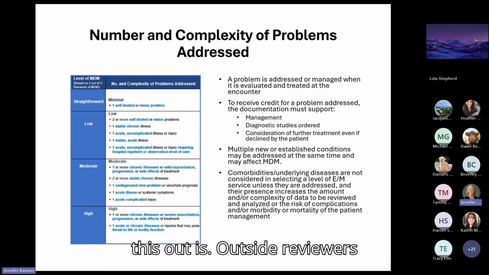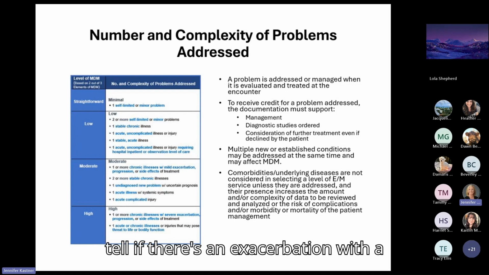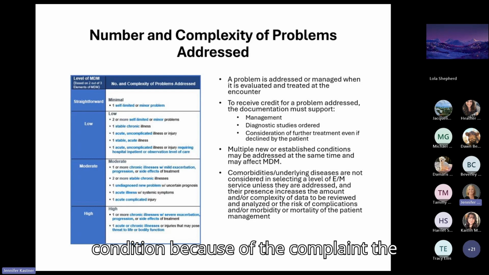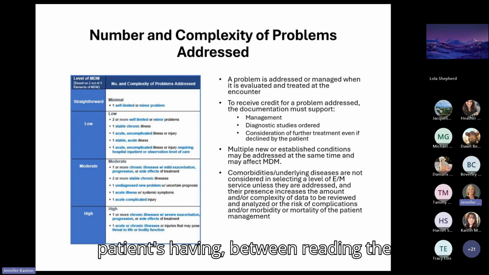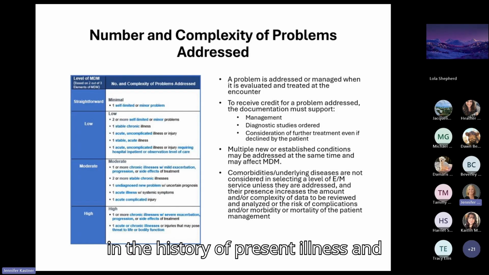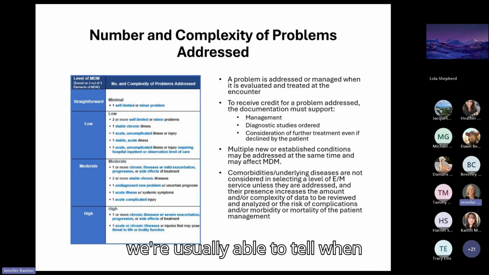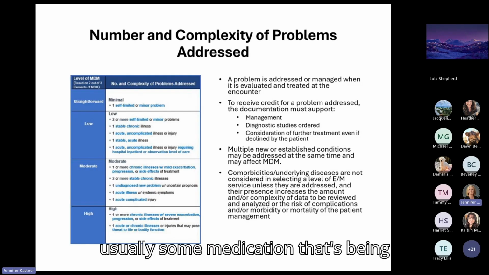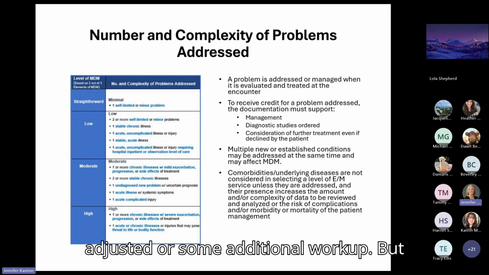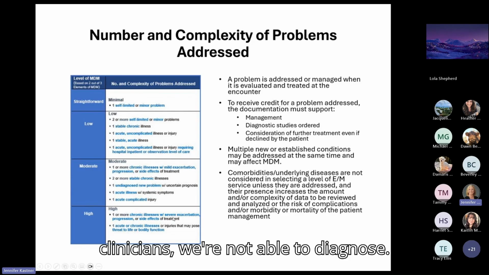And the reason why I point this out is that outside reviewers, coders and auditors can usually tell if there's an exacerbation with a condition because of the complaint the patient's having, between reading the details in the assessment and plan, but also in the history of present illness, review of systems and the treatment plan. We're usually able to tell when something's not at goal because there's usually some medication that's being adjusted or some additional workup. But where I'm going with that is we're not clinicians and we're not able to diagnose.